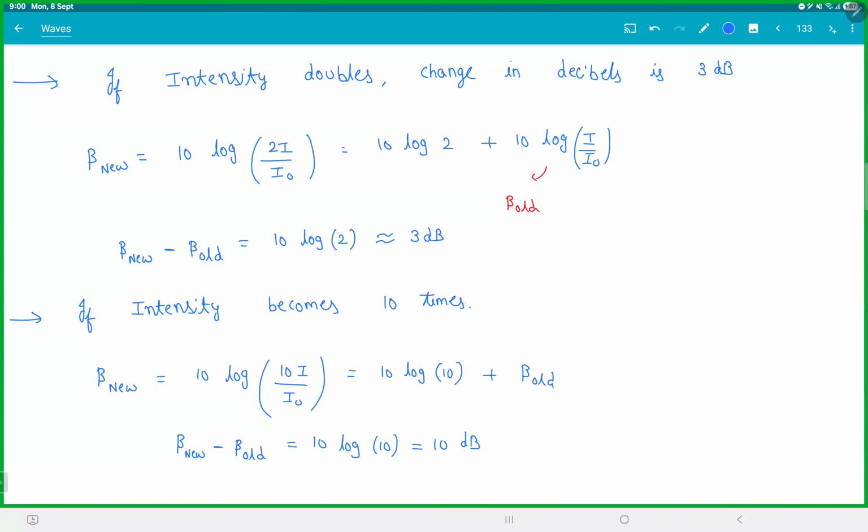So the change in decibels is 10. So for every 10 decibels, your intensity becomes 10 times.